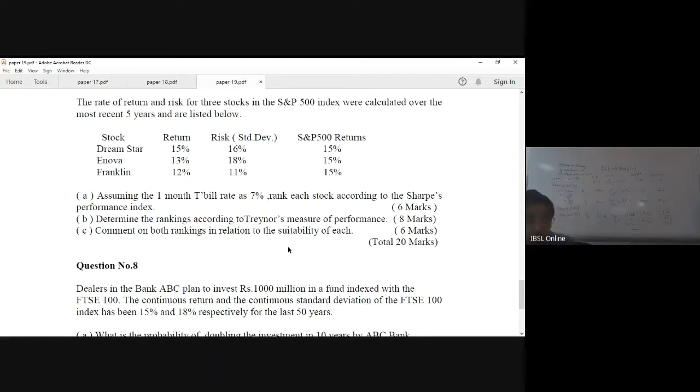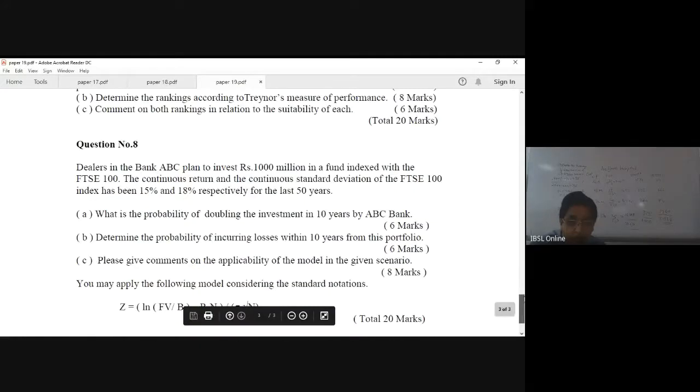Thirteen minus 7 would be 6. 6 divided by 8 is 3 over 4, that is 0.75. 0.75 would be Innova's beta. Innova's beta would be 0.75.